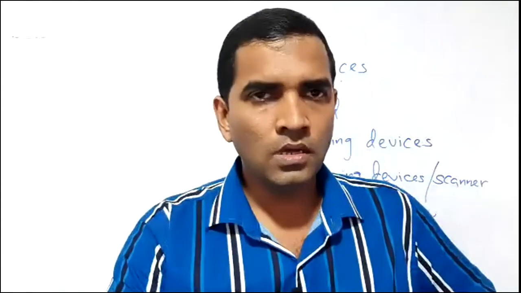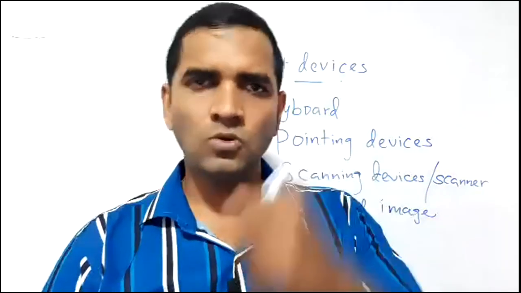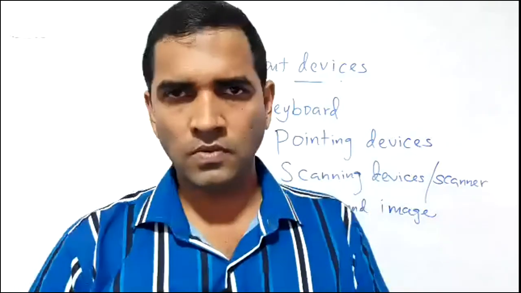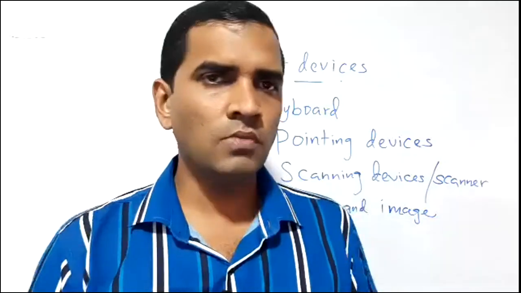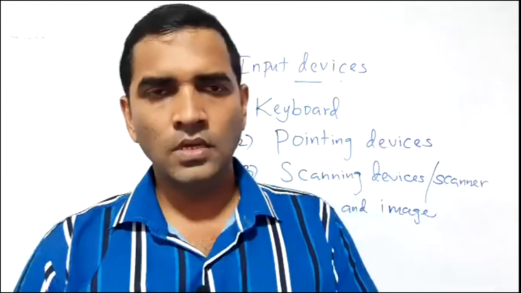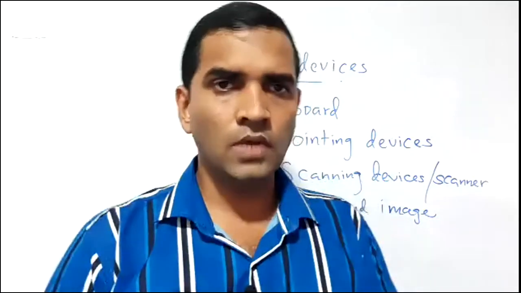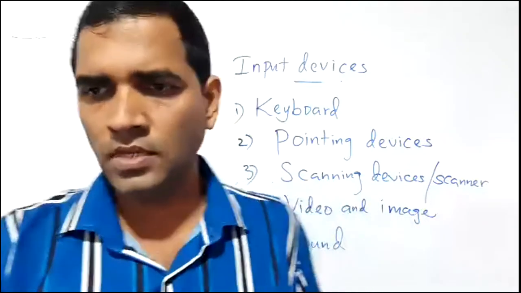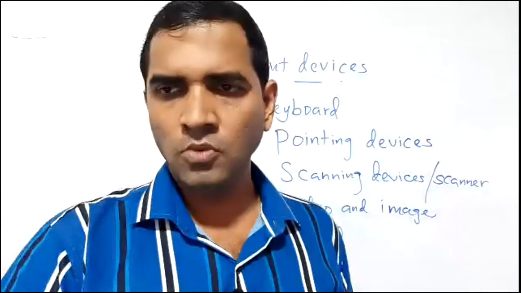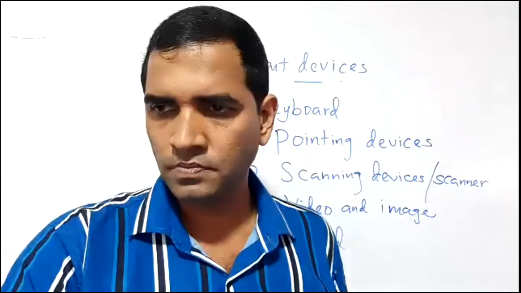So the keys on a keyboard can be categorized into groups, because your keyboard doesn't have only alphabet keys. There are so many types of keys, right? So we have to understand the types of keys available on a keyboard. I can show a keyboard directly, then only you can understand. So let's take the types first.